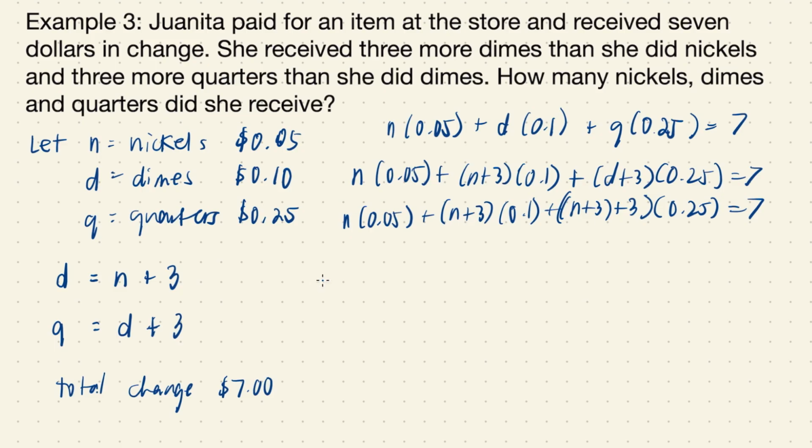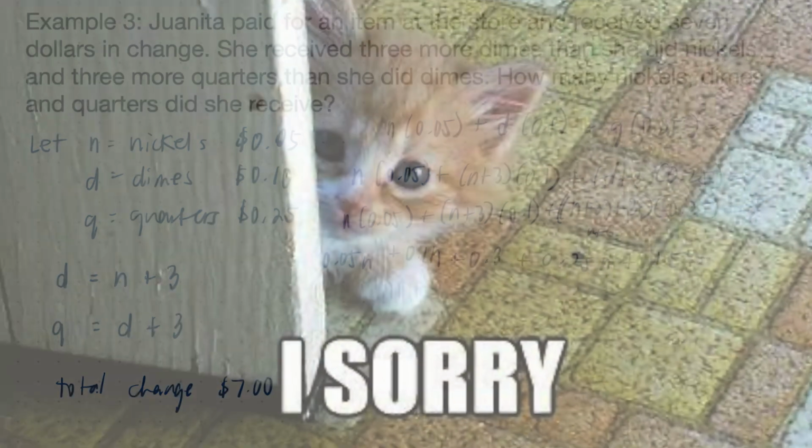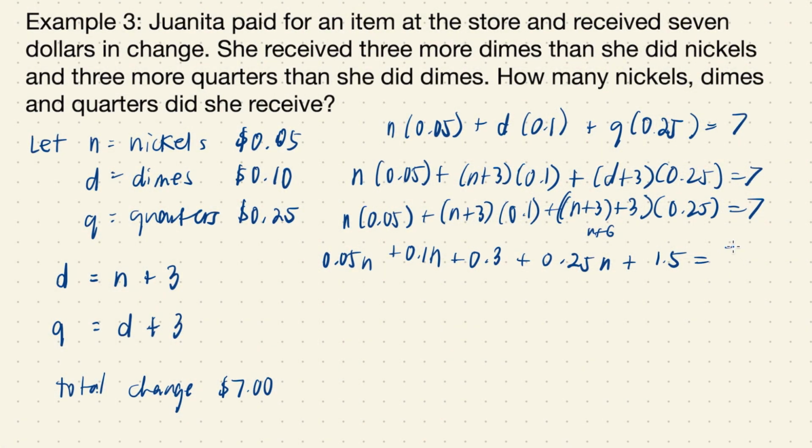Now time to simplify. 0.05n plus we distribute 0.1n, and then 3 times 0.1 is 0.3. Then we simplify this, it becomes n plus 6, and then we distribute 0.25n plus 6 times 0.25 is 1.5 is equal to 7.